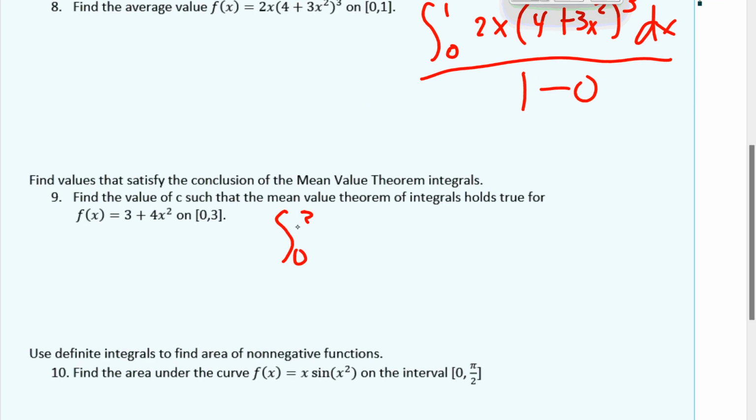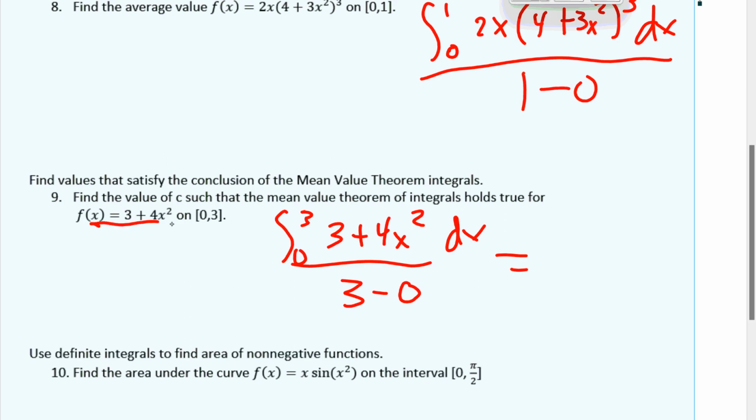I want to find the integral from a to b of this function, then divide it by b minus a, and I'm going to set that answer equal to this function, and then solve for x, okay?